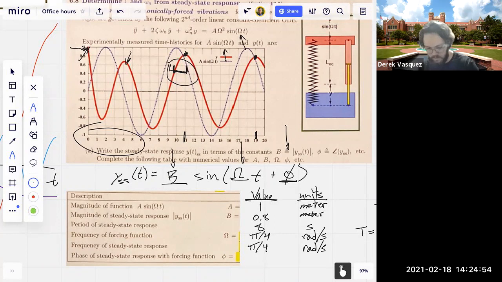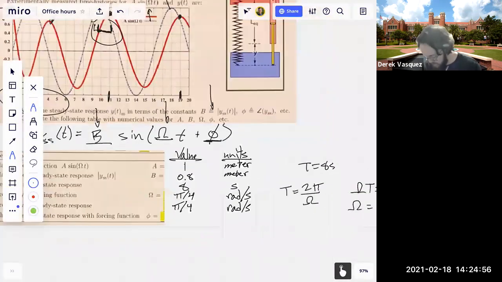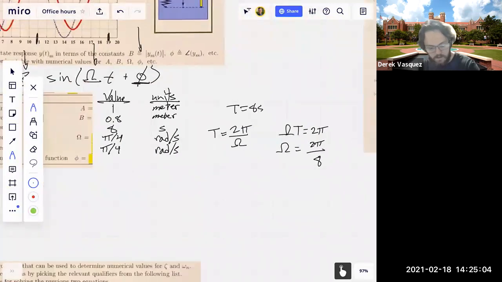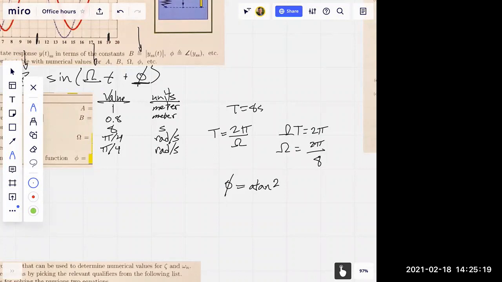So the steady state response, I'm looking on page 80. We've got equation 4 there, where it says that phi is equal to atan2. Has anyone ever used atan2 before? Yes.